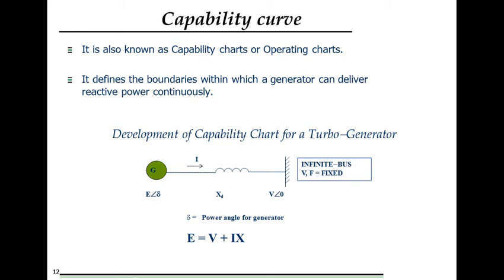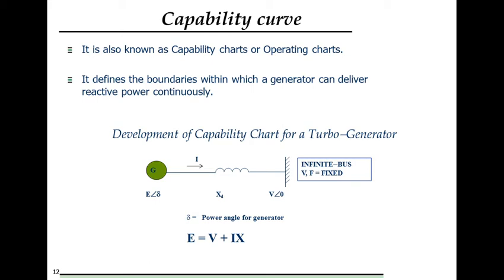It indicates the operating parameters like megawatt, megavar, kilovolt, that is terminal voltage, full load current, kiloampere, excitation parameters like the field voltage and field current, power factor, load angle, and operating margin of the machine.